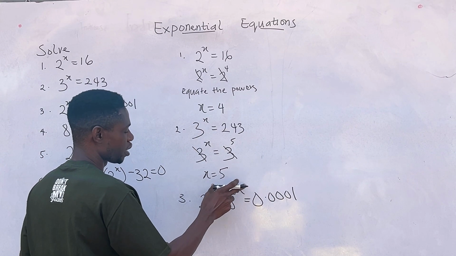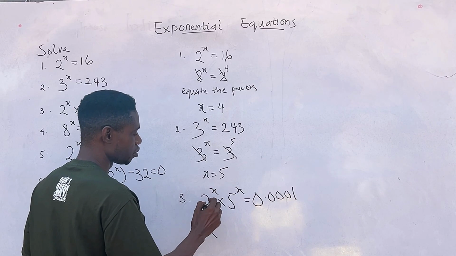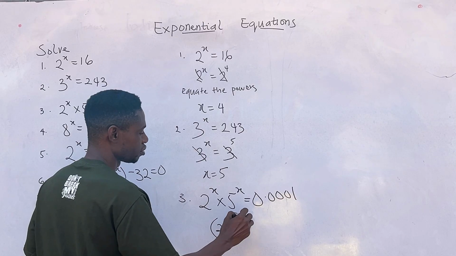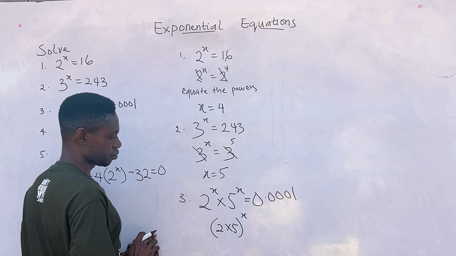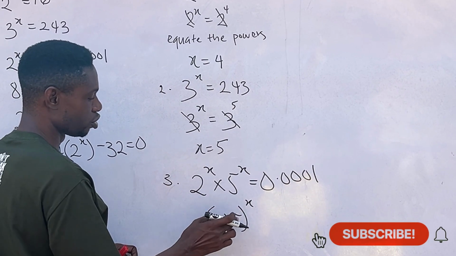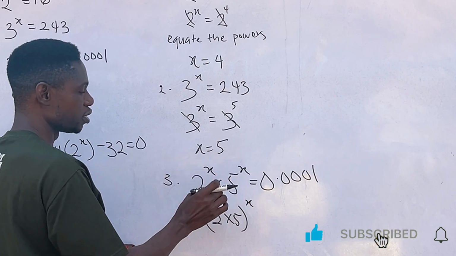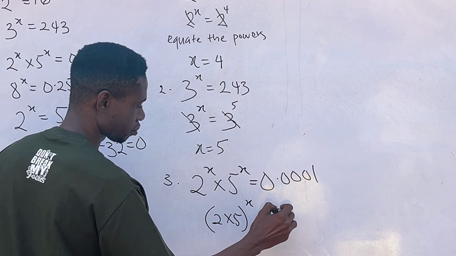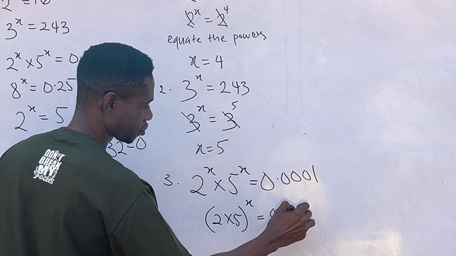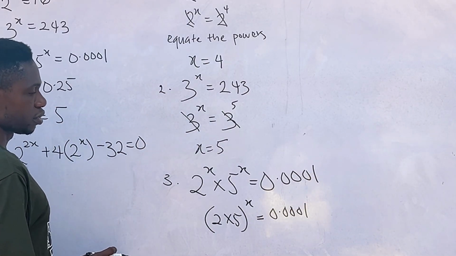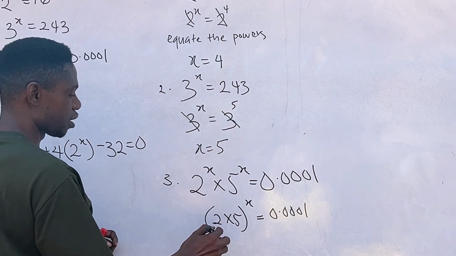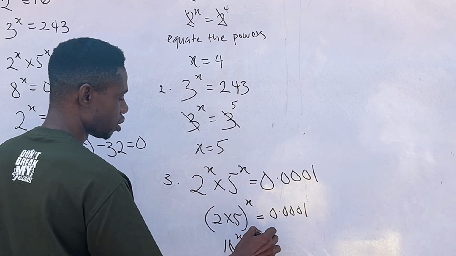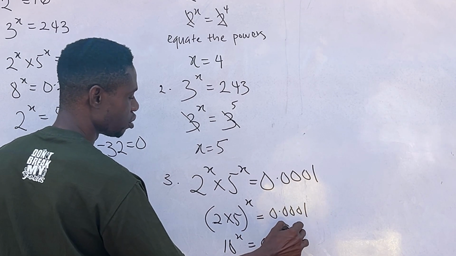Since we have a power of x, we can multiply 2 times 5 raised to the power of x. So both share this power, and then we get this. Now 2 multiplied by 5 can give us 10 raised to the power x equal to 0.0001.